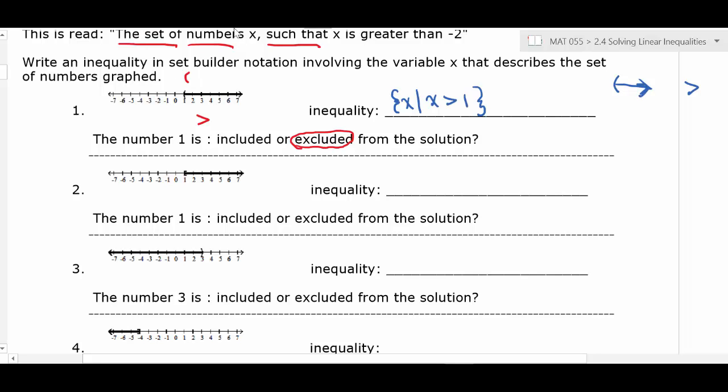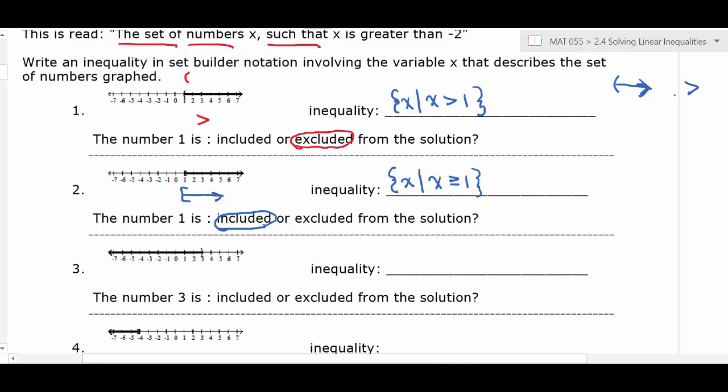Okay, the next one is the same thing, except it has a bracket. So it's bracketed at 1 and then going ever to the right. So if you have a bracket, that means that you are including that 1 in the solution, like that. And then you write this like this. You would say set of numbers x such that, then you would say x is greater than or equal to 1.